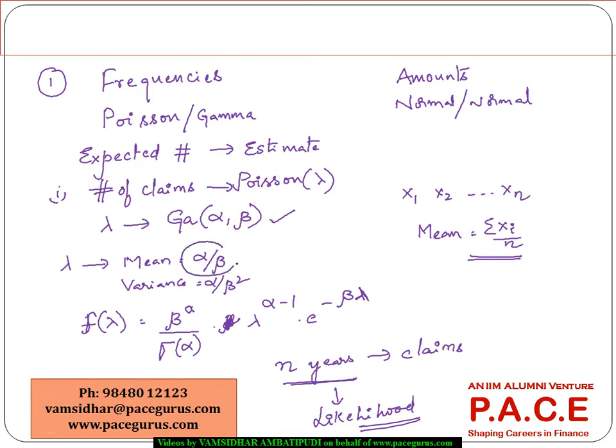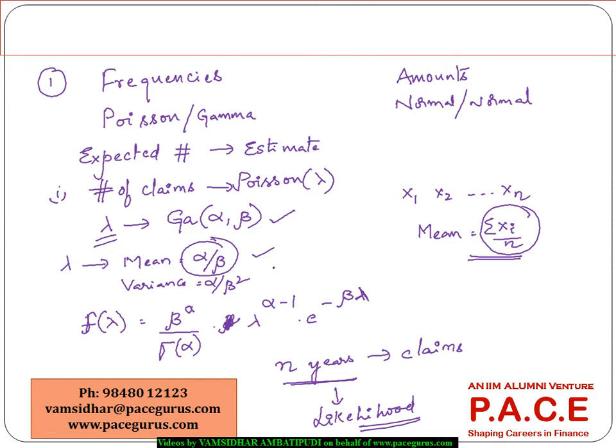Whereas going with lambda, I am getting that the mean number is alpha by beta. So from my actual data, if I look at my past data and find the mean, I get sigma xi by n. But if I assume that this lambda follows a gamma distribution with alpha and beta, the mean comes out to alpha by beta.